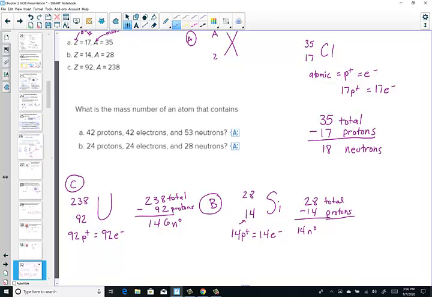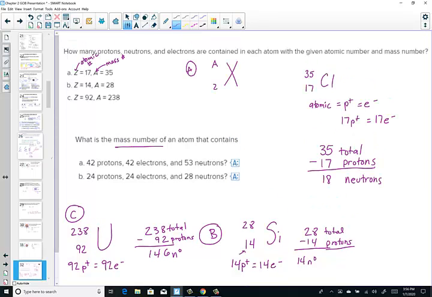The next part, the very bottom of your notepad page, let's check those two while you're here. What's the mass number of an atom if it contains 42 protons, 42 electrons, and 53 neutrons? Remember that mass number is the sum of protons and neutrons, and those little electrons are just fleas on a dog.